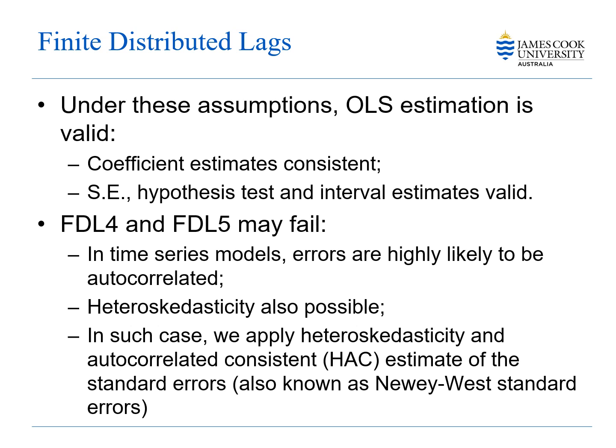So the assumptions for FDL 4 and 5 might fail. In time series models, errors are highly likely to be autocorrelated. They correlate across time. Also, heteroscedasticity is possible. So how can we deal with it?